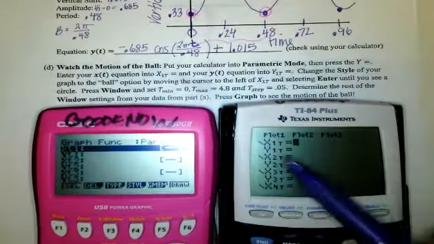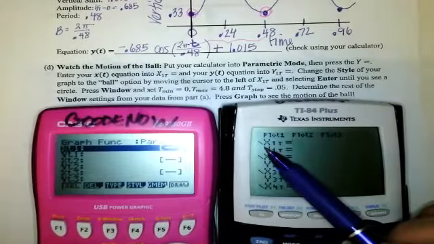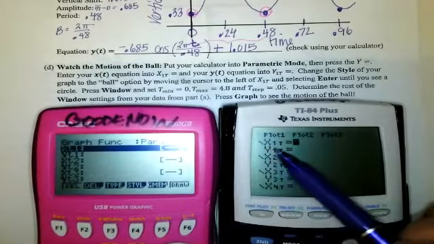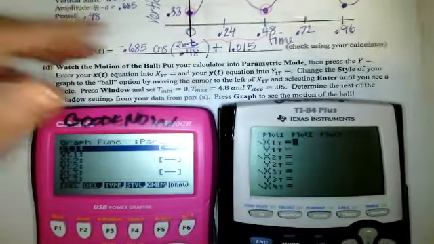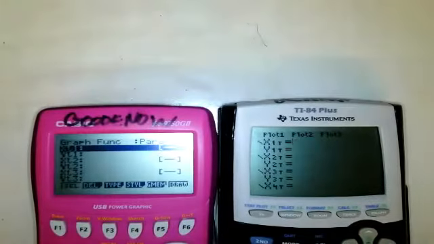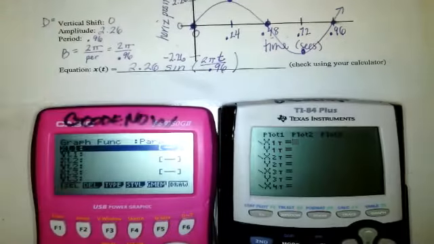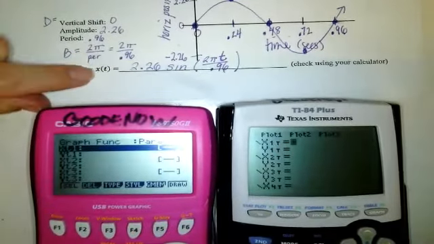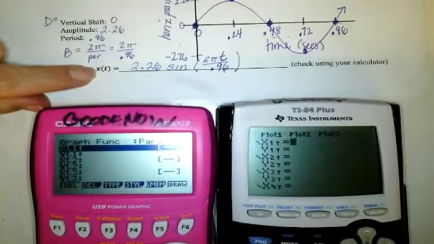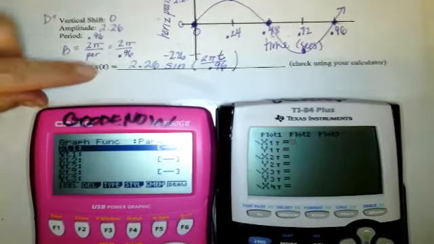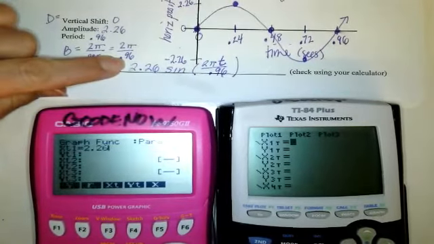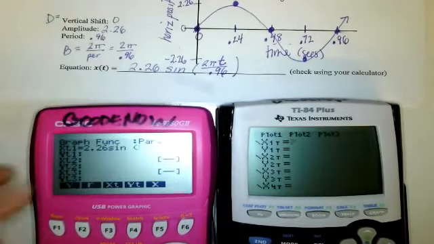We have an equation that's going to give the x position, the horizontal position, in terms of time, and we want to enter our two equations that we just found. So for x of t, we're going to type in the equation that we found: 2.26 sine of 2 pi t divided by 0.96.